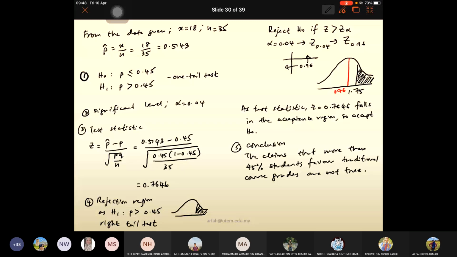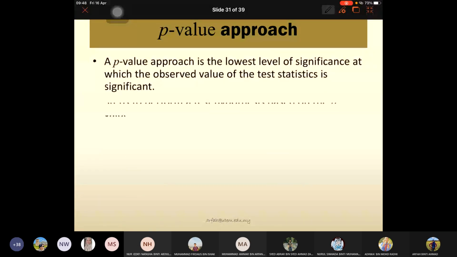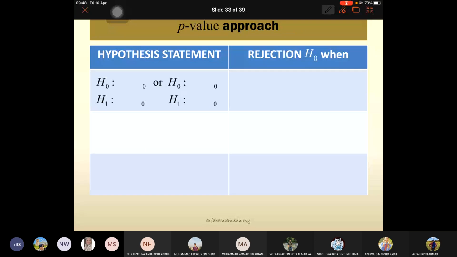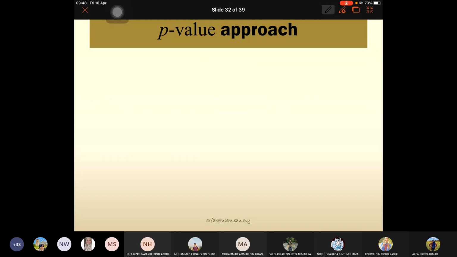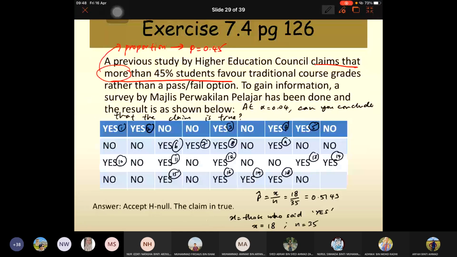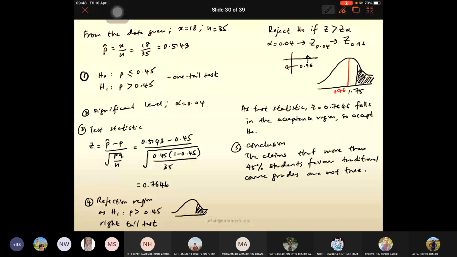Sekejap tengok p-value approach. Okay, p-value approach ni kita sambung next week lah. Tak sempat je ni, saya pun ada meeting je lagi. Okay. So, ada example lain tu awak boleh tengok yang p-value approach kita sambung untuk in the next class.